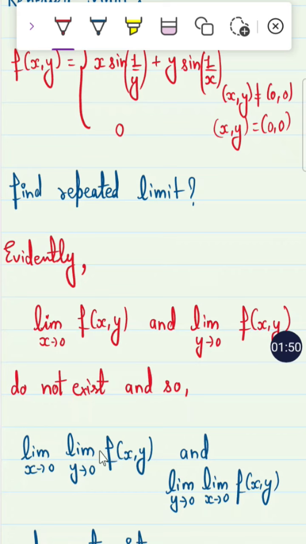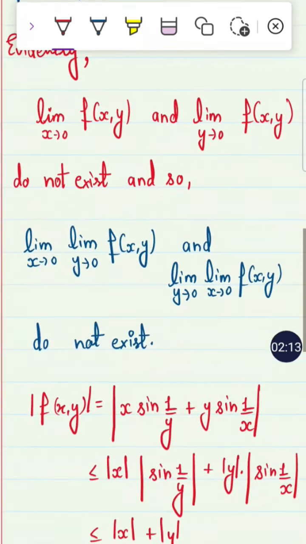So this implies that when we first take the y limit, the function's limit does not exist. Then when we take the x limit, it is called the repeated limit. It is also in this form: when we take the x limit, then the y limit.